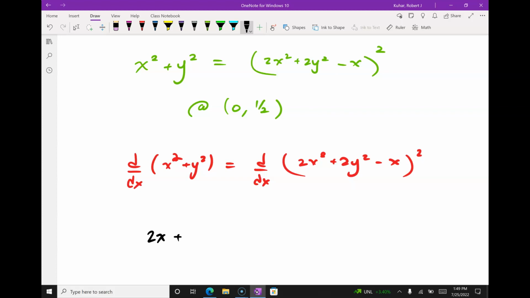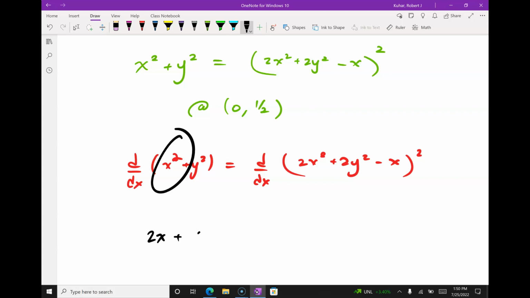What's the inside function there? X, and the derivative of x is 1. So I'm doing the chain rule there. I did the 2x for the derivative of the outside function times 1 for the derivative of the inside function.